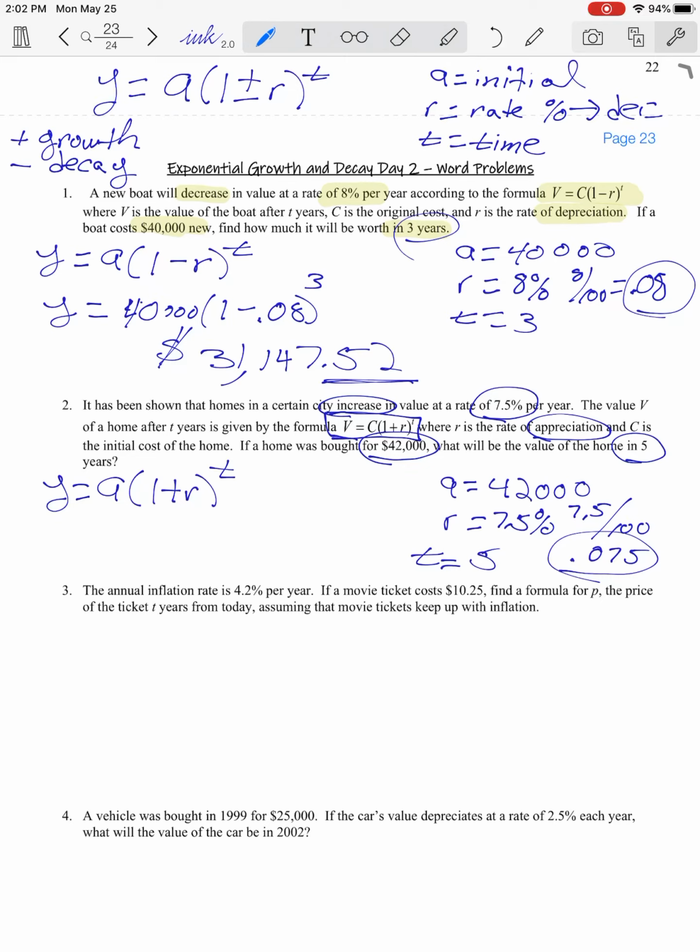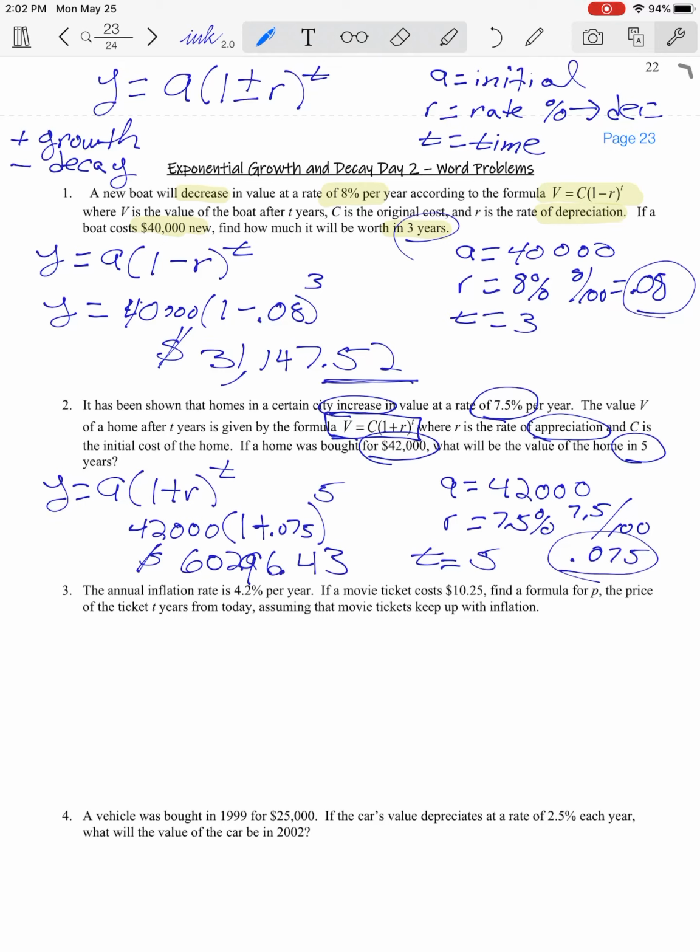You go right into your calculator. We're going to write 42,000 times 1 plus R, which is 0.075, to the time, 5 years. That goes right in your calculator, and then you get your answer: 60,296.43. Money again, round to the hundredth.